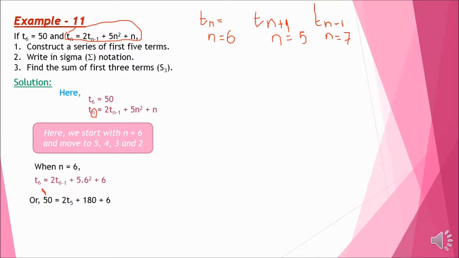Now T6 minus 1 is T5, and this is the calculation of 5 times 6 square is 180, and 6 is 6. You can see the calculation, or 50 is equal to 2T5 plus 186. Then we will subtract it. 50 minus 186 is equal to 2T5, or 136 is equal to 2T5. Now we have found the value of T5.